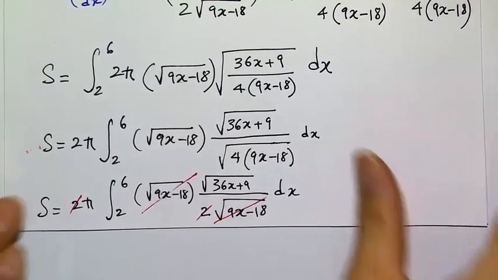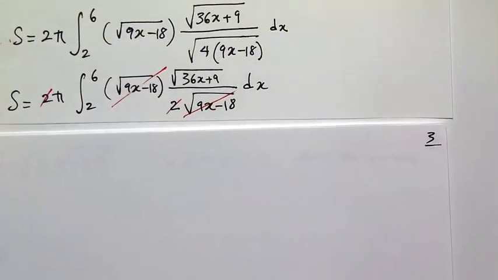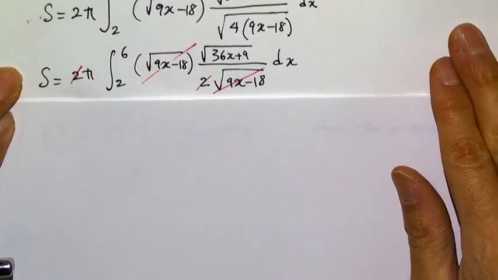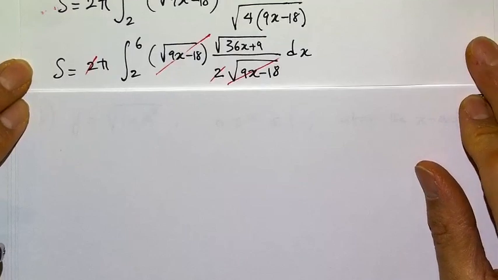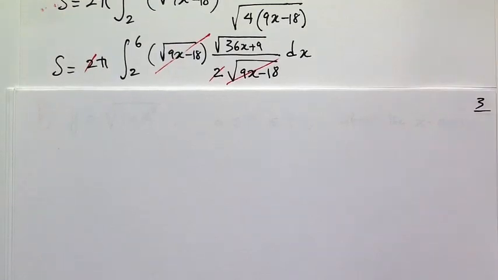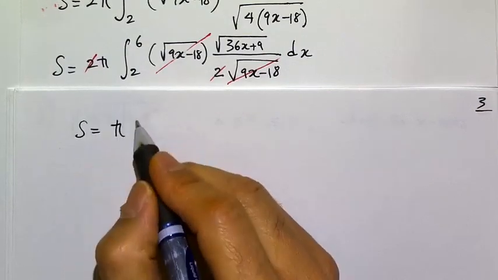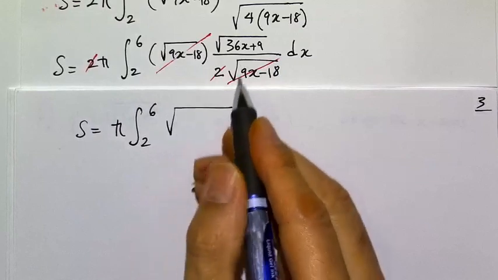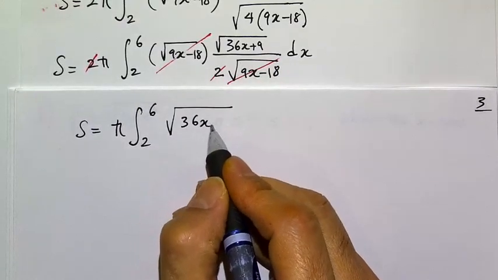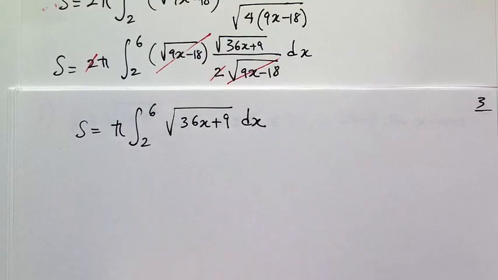So we end up with just a small portion of that integral left for us to figure out. We're going to have pi left over, integral from 2 to 6 of square root of 36x plus 9 dx.